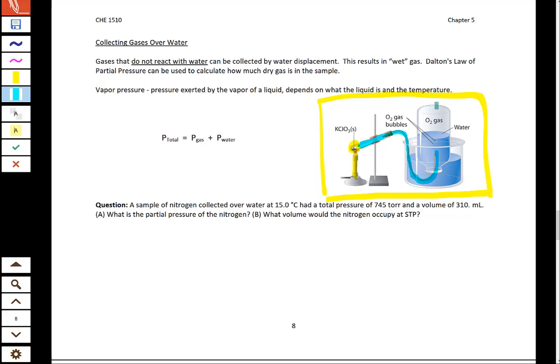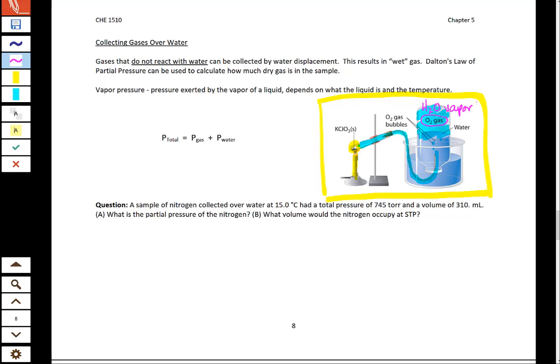The oxygen gas bubbles up through the water and collects in the top of this container. And so essentially we're using water to trap our gas. So the reason that this is a partial pressure question is because not only is there oxygen gas in this container, there's also water vapor.